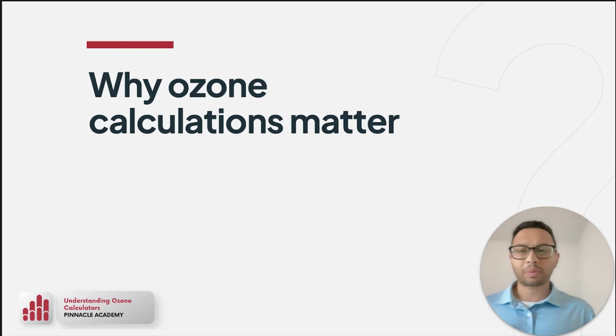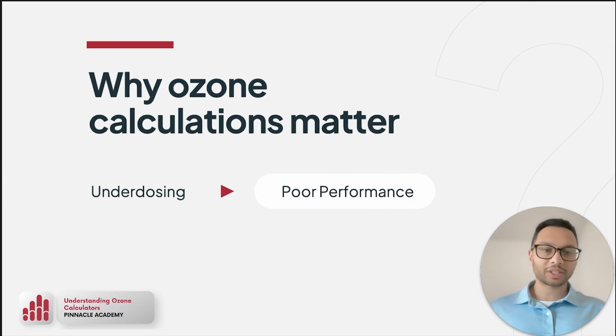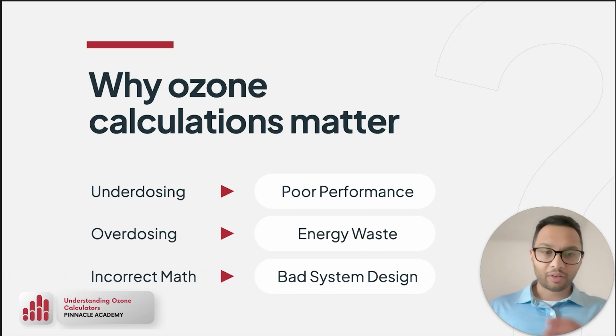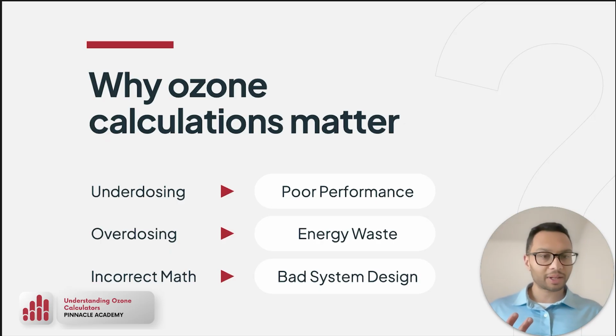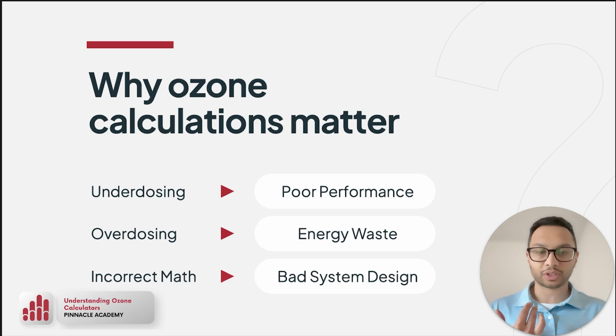So let's talk about why calculations matter. Before we get into the equations, let's take a step back. Let's understand, why do ozone calculations actually matter? Every ozone system, regardless of the application, comes down to four core variables: water flow rate, the dose, the ozone output, and the mass transfer efficiency.